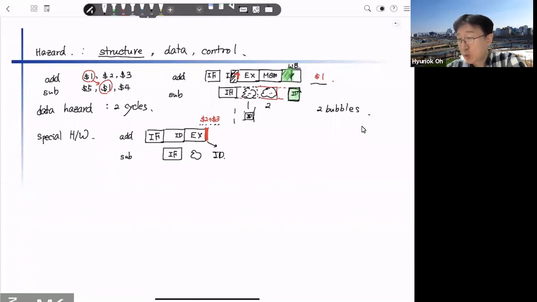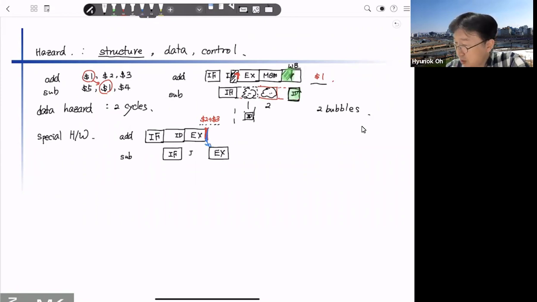However, we can remove this bubble also. Why? At which stage do we actually need the $1 value? In the subtraction, in the execution. Before we start the execution, if the $1 value is available, then we can use it. So this value is just directly provided to the next instruction.